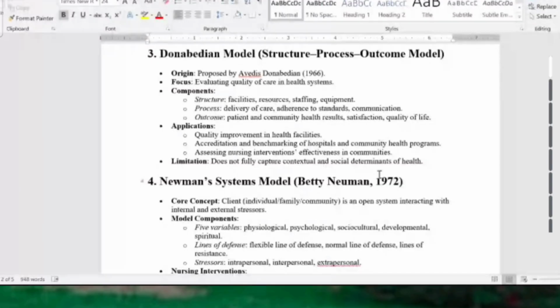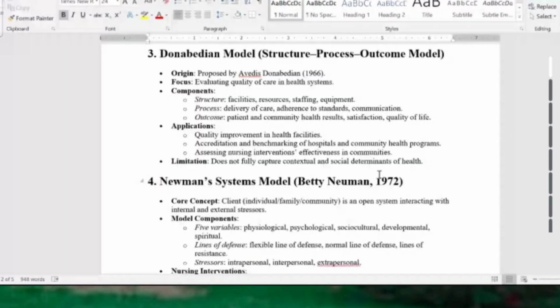Now, process: we're talking of delivery of care, the implementation. We need also to ensure we are able to adhere to these SOPs, standard operating procedures. Then, as we deliver these services, we are supposed to communicate within and outside so that we can have what is required from us. In addition, in the process, we need to comply.